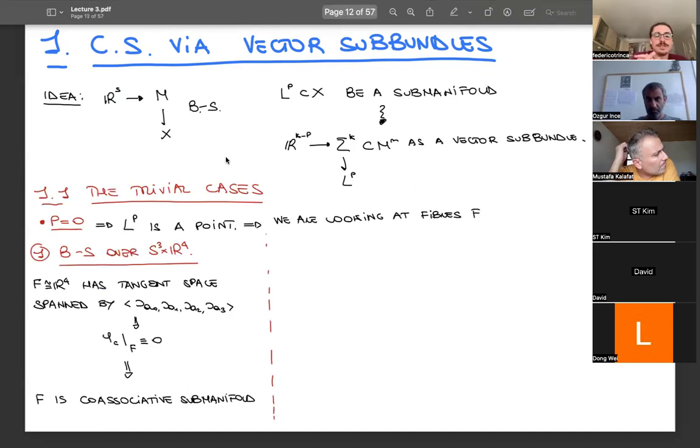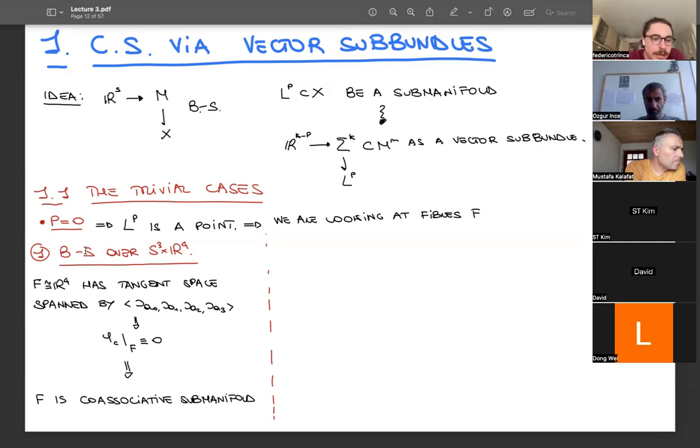The trivial cases are when the submanifold is zero-dimensional. If we assume that p is equal to 0, then L^p must be a point or a collection of points, and all we are looking at is some fibers of the Bryant–Salamon manifold.